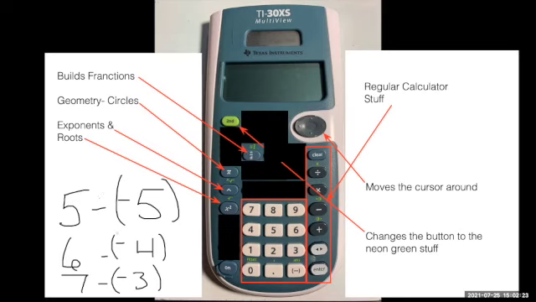And 6 minus -4 would be very easy to say that's 2. And 7 minus -3, it would be very easy to do mental math and say that's 4. But if we type these into a calculator, all of them equal 10. Because minus a negative is the same as plus a positive. And then it's just 5 plus 5, 6 plus 4, and 7 plus 3 is 10.